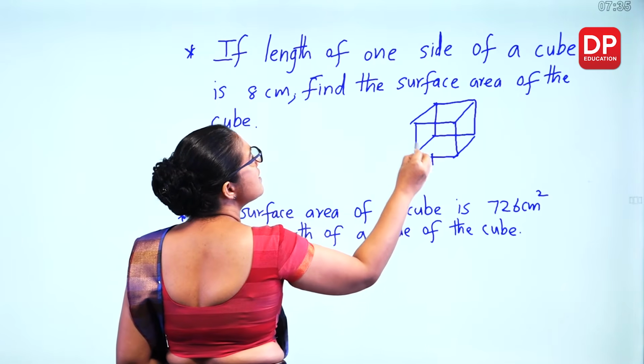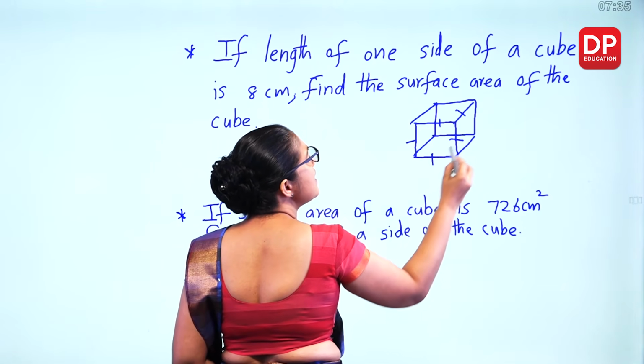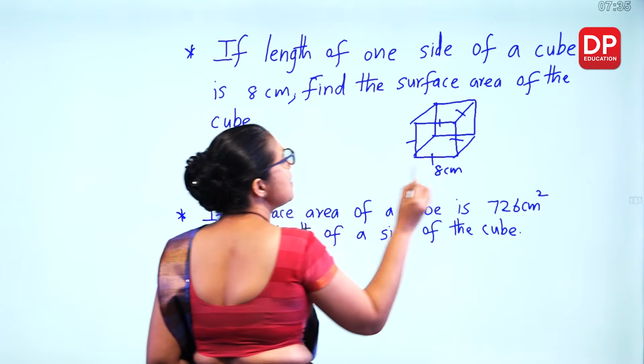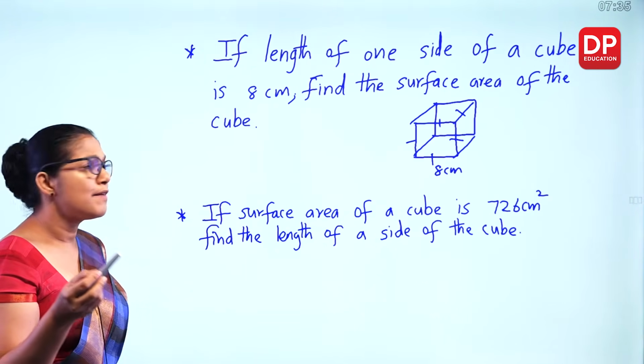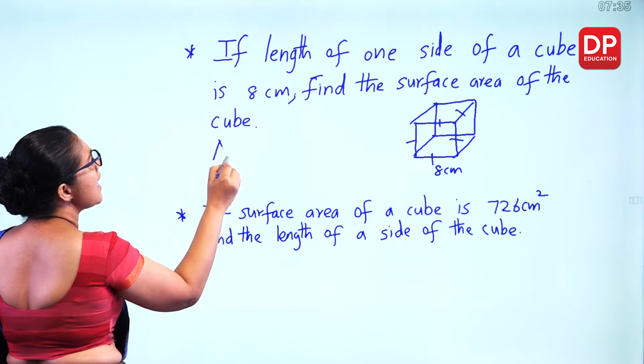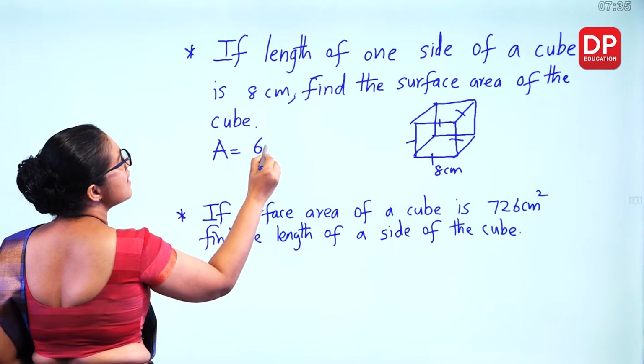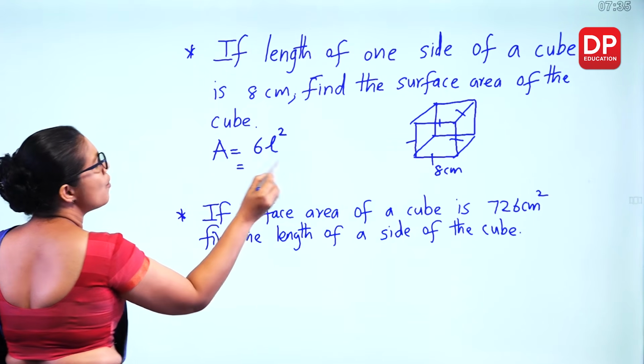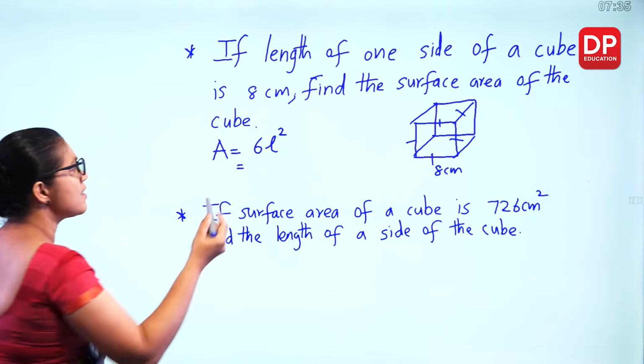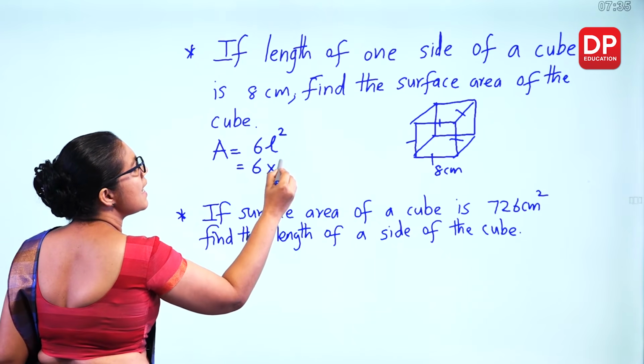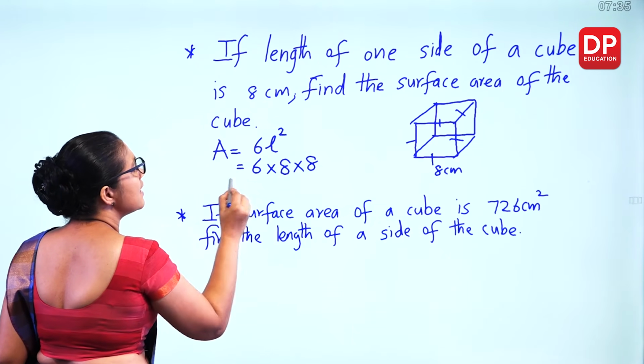Here it says one side is 8 centimeters. How can we apply the formula? The formula is A equals 6L squared. We know one length is 8 centimeters. So 6 times 8 times 8.